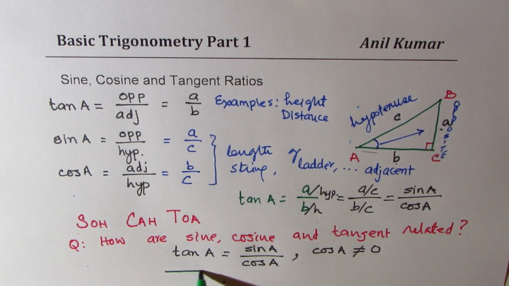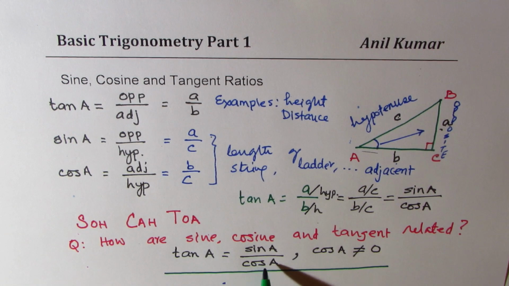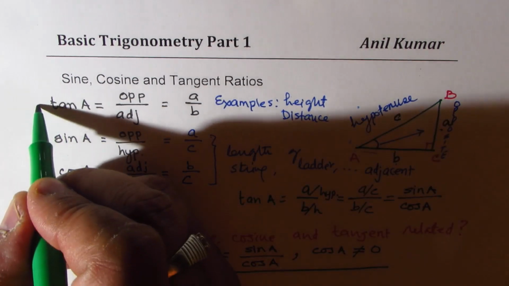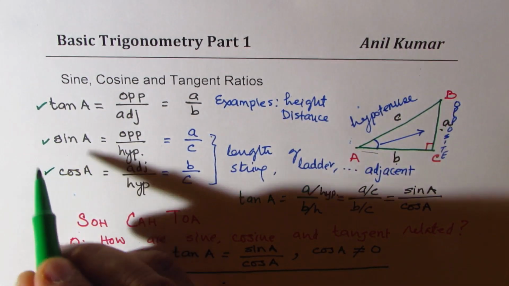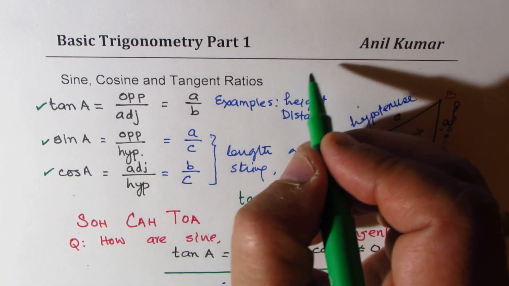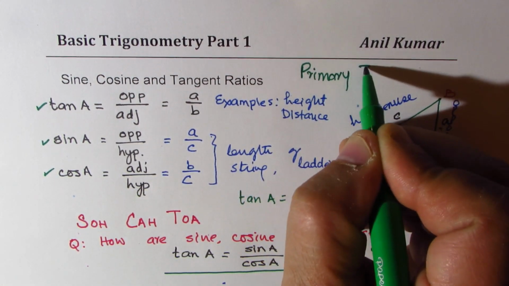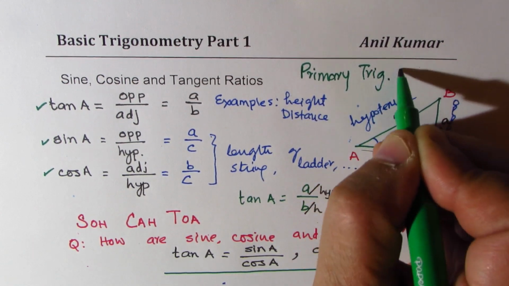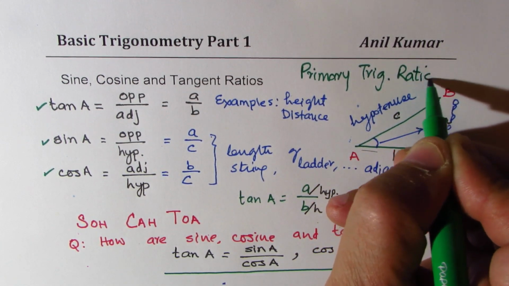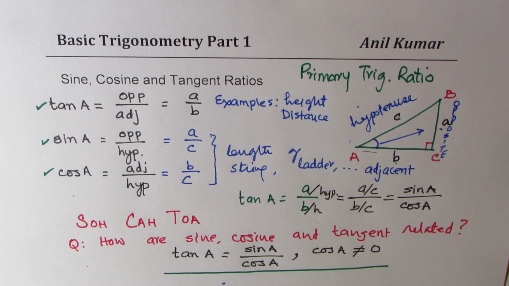So in this particular part of the video, you have learned the three primary trigonometric ratios. We call them primary trigonometric ratios, and their relation with one another. Now, let's take up some examples to calculate these ratios in a right triangle.